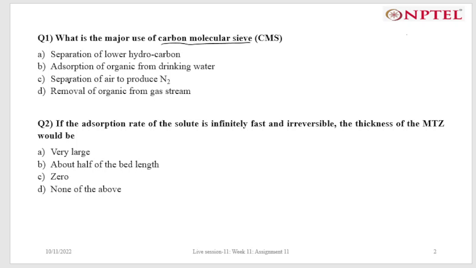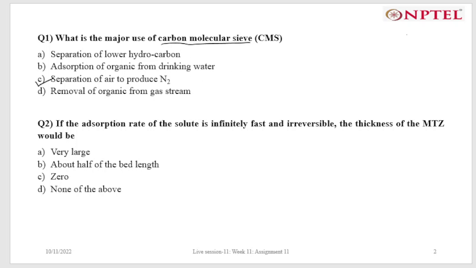Option B, it's the adsorption of organics from drinking water. C, separation of air to produce N2, and D, removal of organics from gas streams. Anybody know the answer? The use of carbon molecular sieves? Okay, C, right. Separation of the air to produce N2.